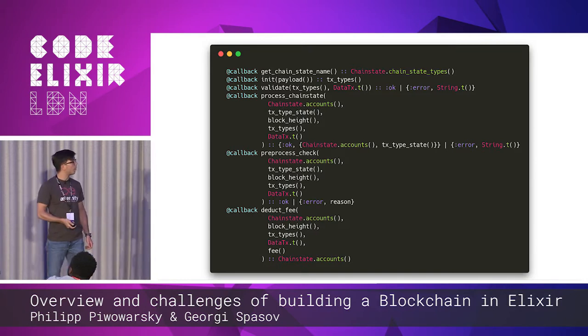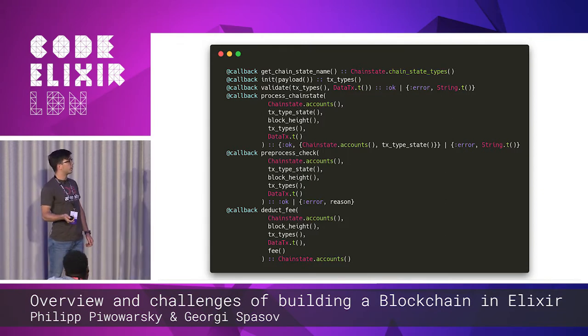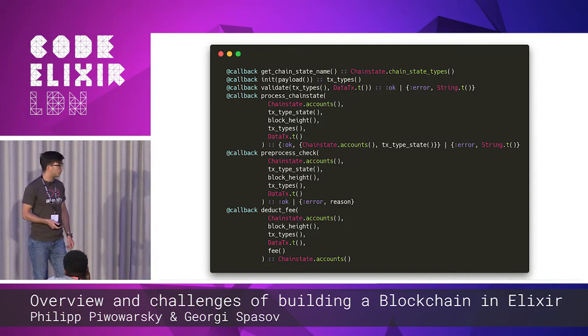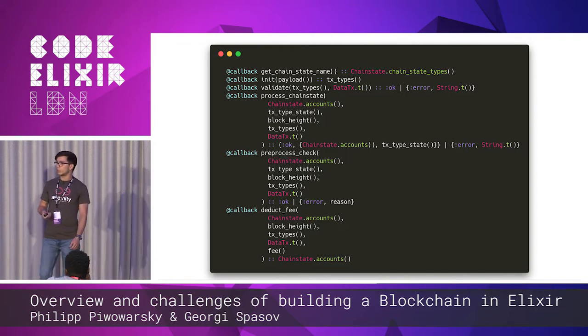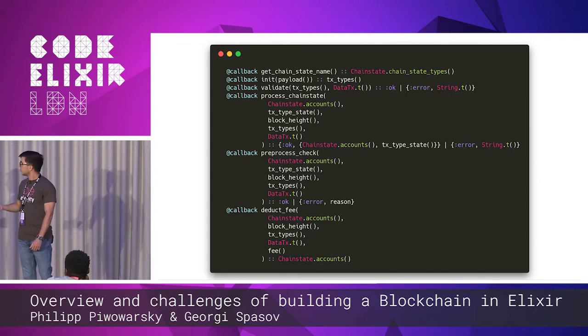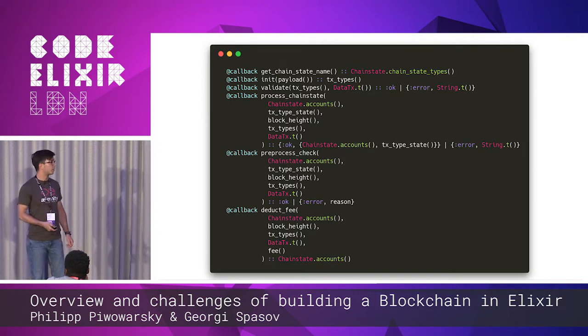So we can make some callbacks which are similar to all of our transactions, and then implement them in each of our transactions, and make it easier for implementing new transactions and reading what actually a transaction does. So we have a few callbacks here that all of our transactions are going to implement.